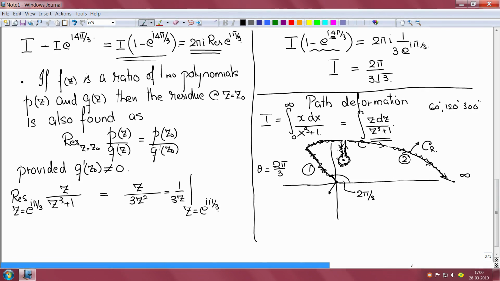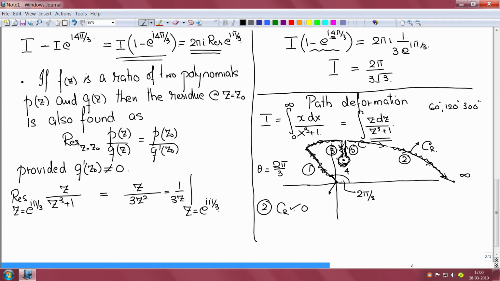Then I have portion where I come down, portion 3, I go around portion 4, okay. Here I am going anti-clockwise, then I go up portion 5. Those are 5 portions. The portion 2 on CR goes to 0, okay, using the degree of polynomials theorem. Z cube and Z, they differ by a degree of 2 at least, okay. So this CR goes to 0.